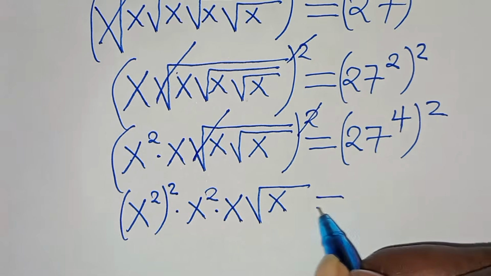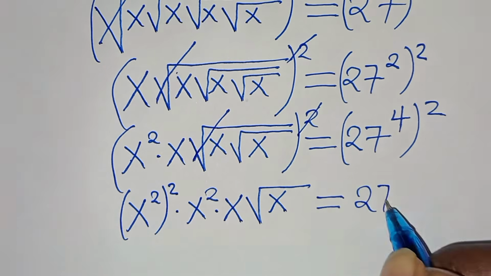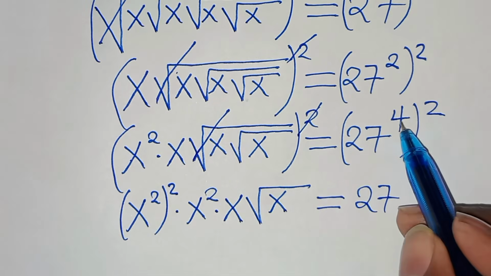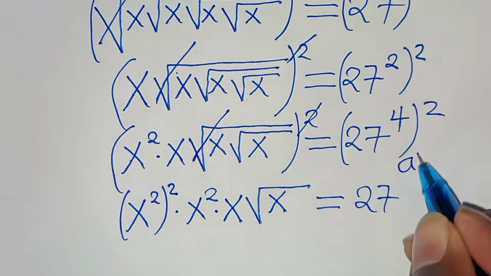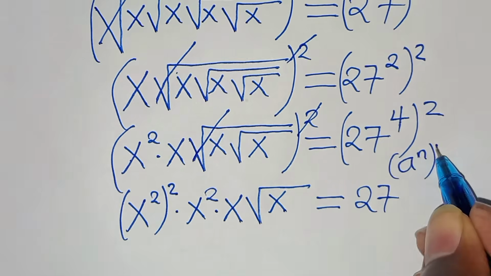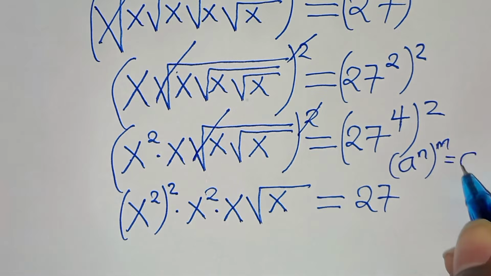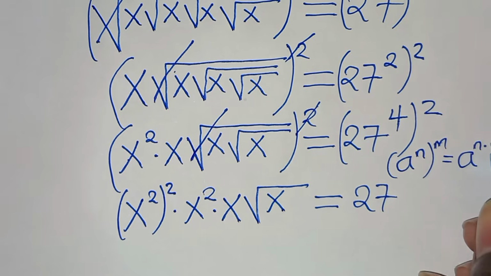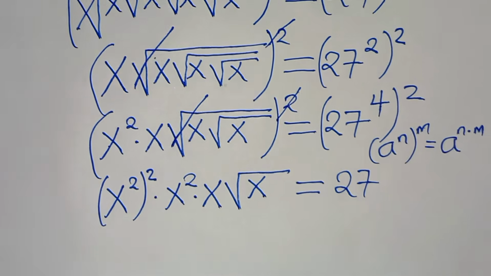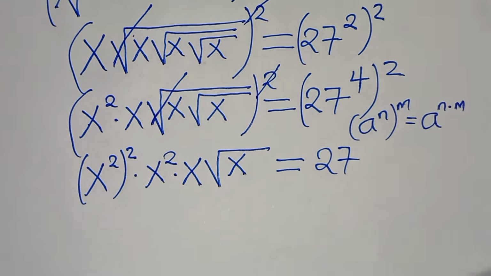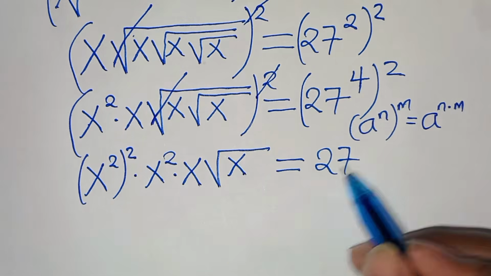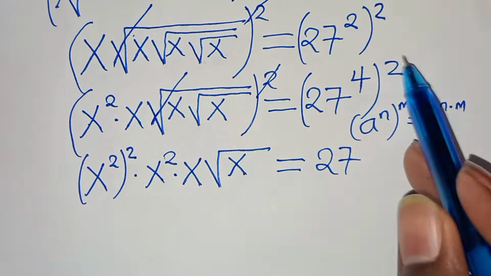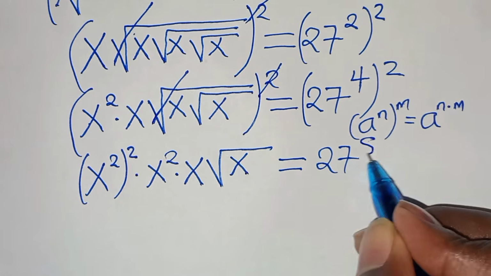This is equal to 27 raised to the power of 4 raised to the power of 2. Remember, this is in the form of a to the power of n raised to the power of m, and this can be expressed as a to the power of n multiplied by m. So we are applying this property so that now here we have 27 raised to the power of 4 times 2, and this is equal to 8.